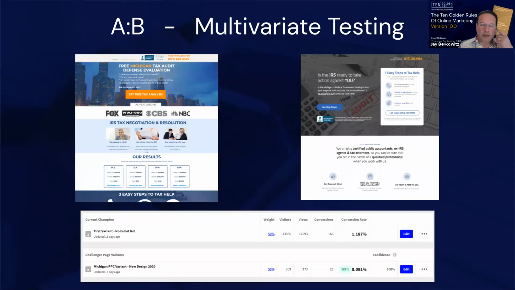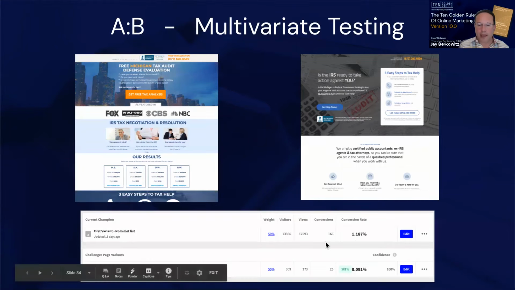I mentioned multivariate or A/B testing earlier in the day. We just had an amazing success story of testing our old landing page, which had been tested. It was like version C of our best performer. So we did an A/B test, and then we did a B/C test, and then we created a new version of A, and then we tested A versus D. We just completed this test, and version A got a 1.187% conversion rate.